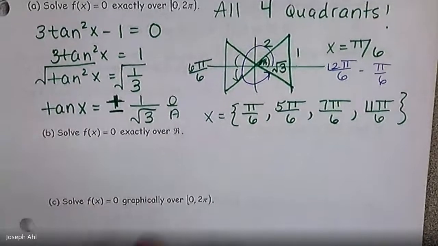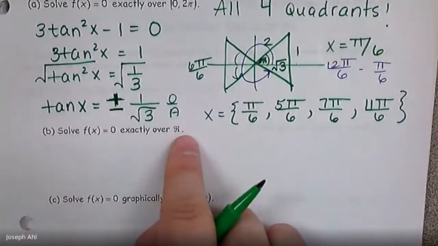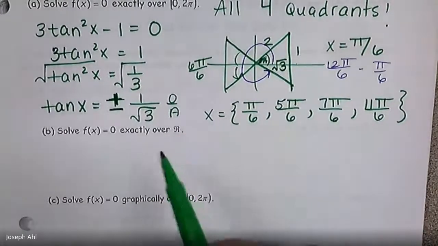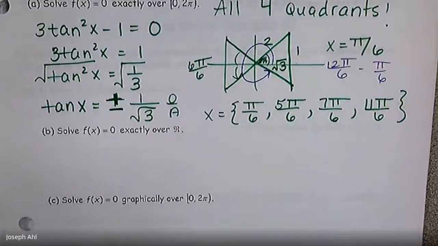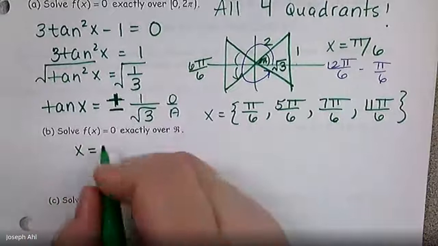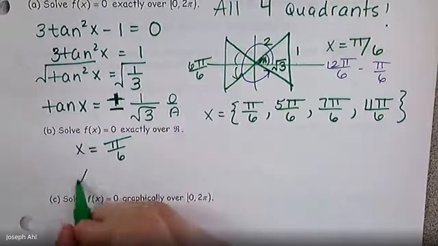Okay. I won't have you think too much about the solution over the real numbers here, but the weird thing about tan is that instead of repeating every 2 pi like we saw for sine, it's going to repeat every pi. So I'm just going to fill it in quickly.